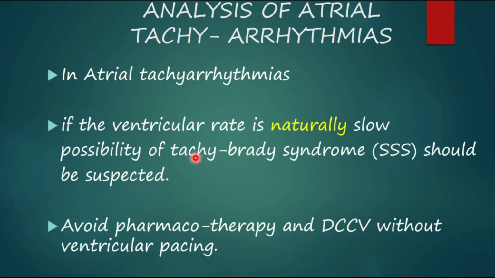As I mentioned earlier, in atrial tachyarrhythmias, if the ventricular rate is naturally slow, the possibility of tachy-brady syndrome should be suspected. Therefore, avoid rate controlling drugs, antiarrhythmic drugs, and direct current cardioversion without ventricular pacing.